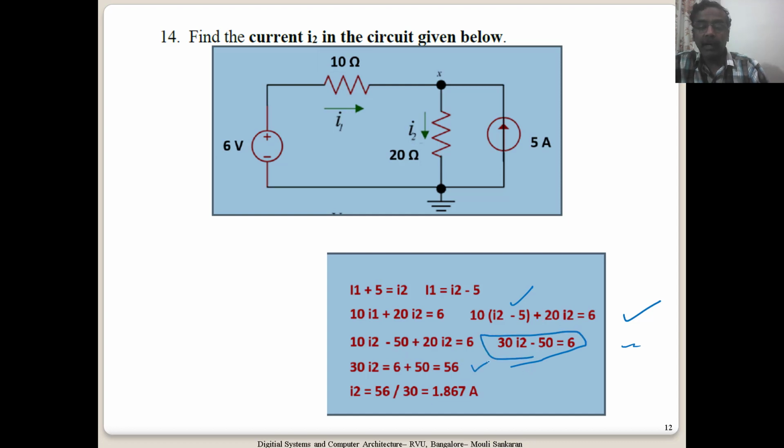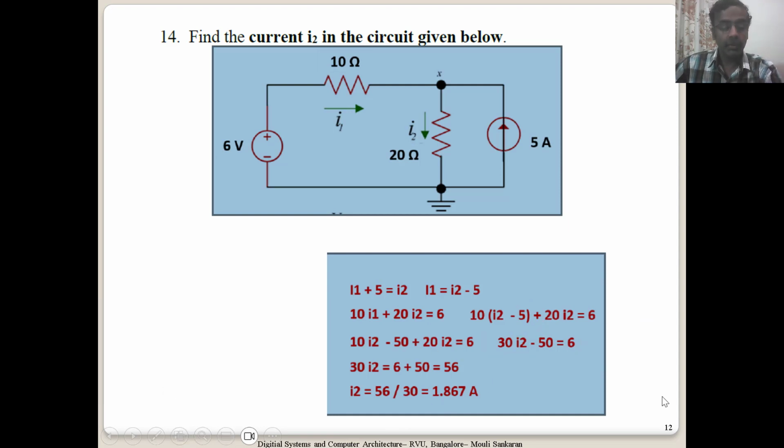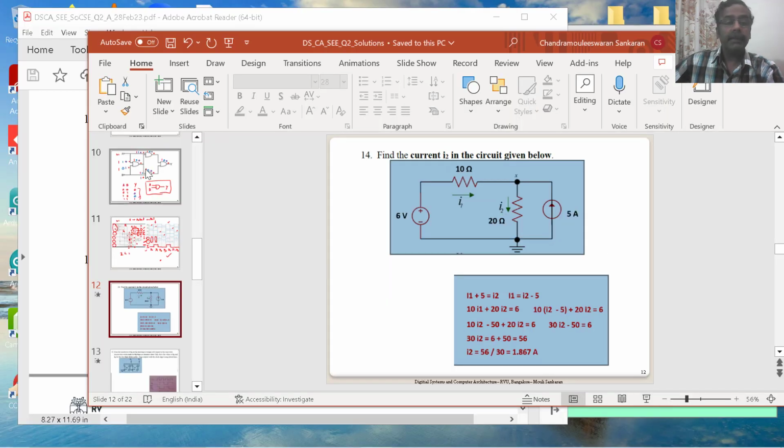Then compute the value of I2 here, which is nothing but 1.8678. So just follow this simple expression evaluation, and then substituting the value of I1 into this another equation and solving it. Okay, that's all. I hope this is clear to you. I'm not going to go into the details of how to solve it. I'm sure you will be able to do that.